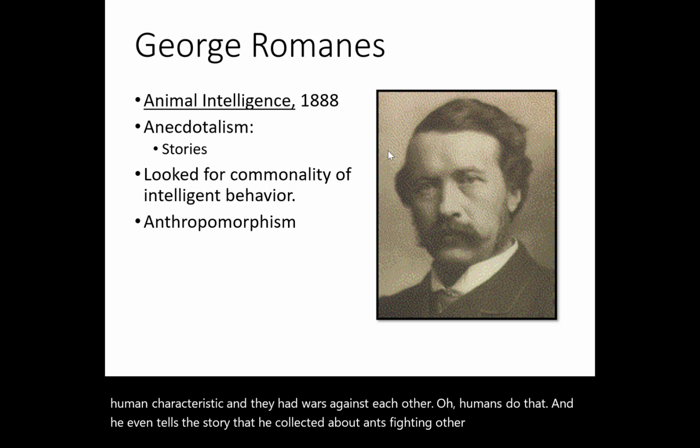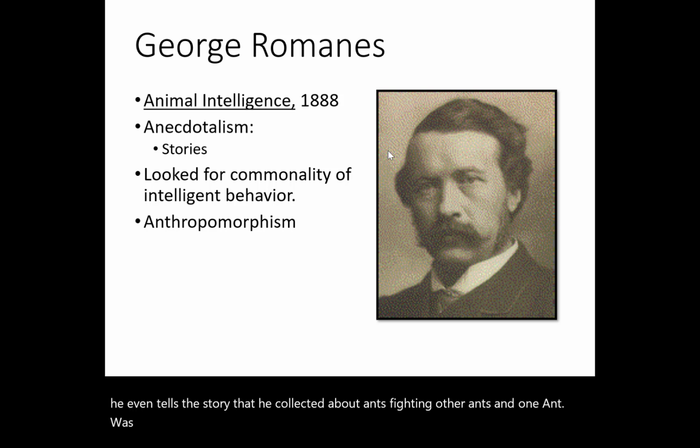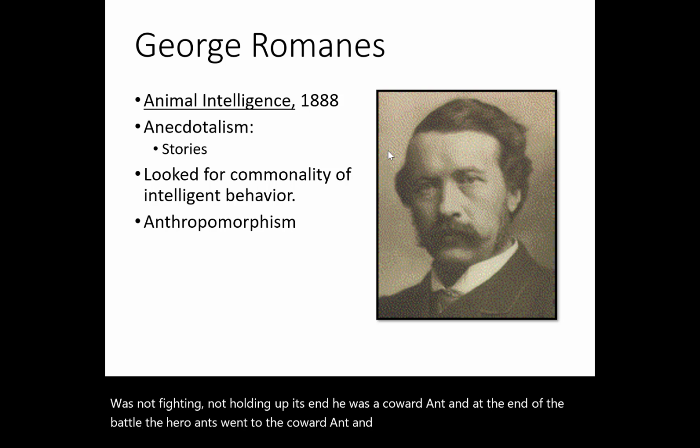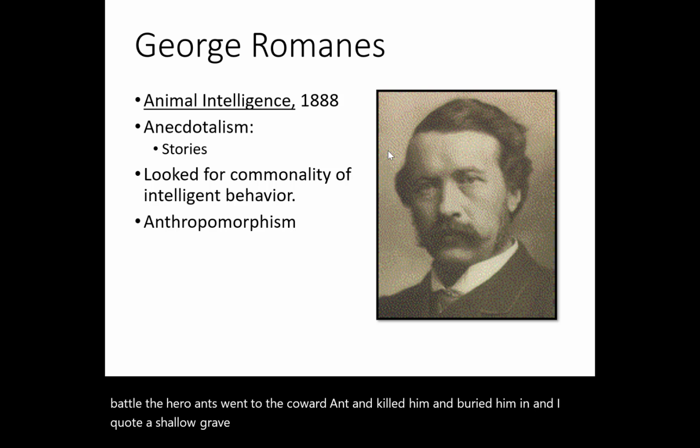And one ant was not fighting, not holding up its end. He was a coward ant. And at the end of the battle, the hero ants went to the coward ant and killed him and buried him in, and I quote, a shallow grave because of his cowardice, right? That's very human-like. This is called anthropomorphism.